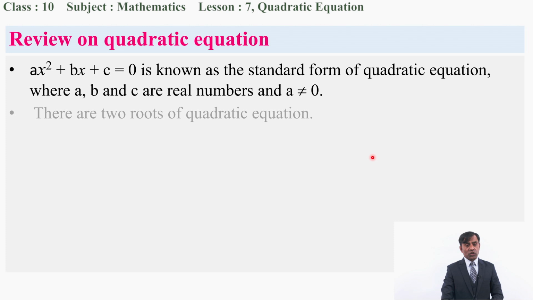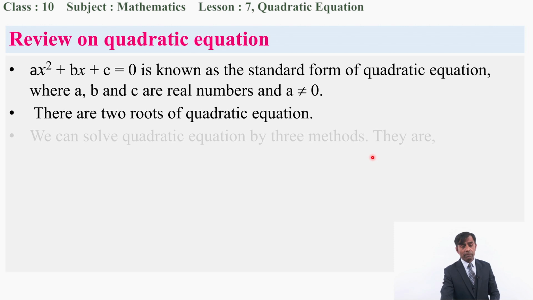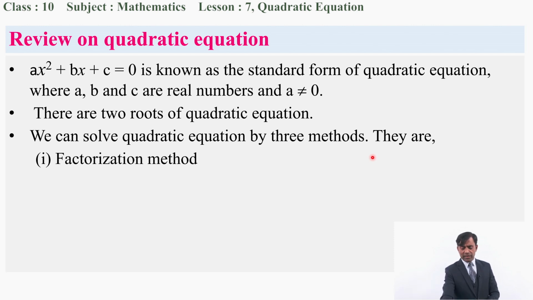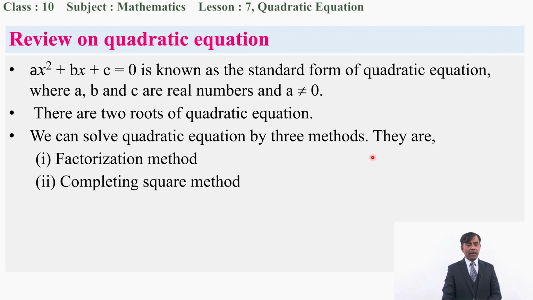Similarly, there are two roots of a quadratic equation. Always, when we solve a quadratic equation by any method, we will get two roots of the variable. It means two values of the variable. We can solve a quadratic equation by three methods: the factorization method, the completing square method, and the formula method.